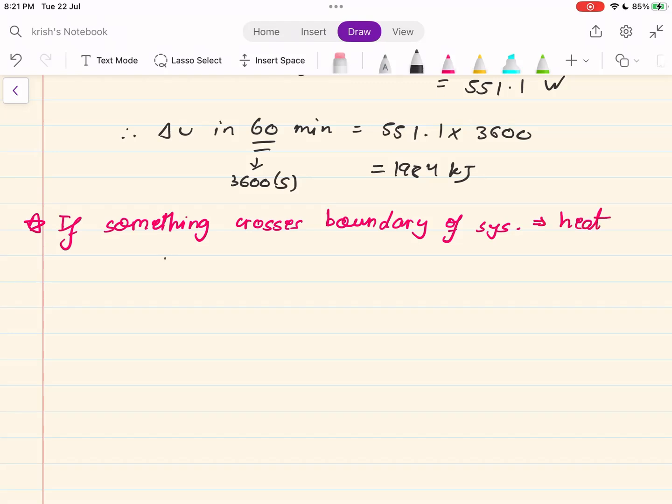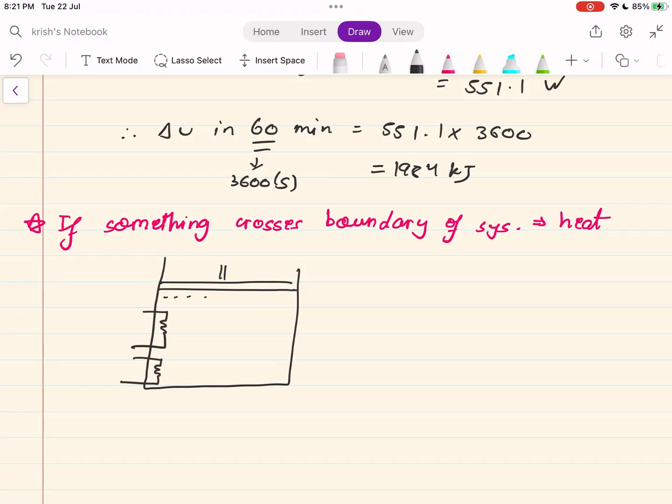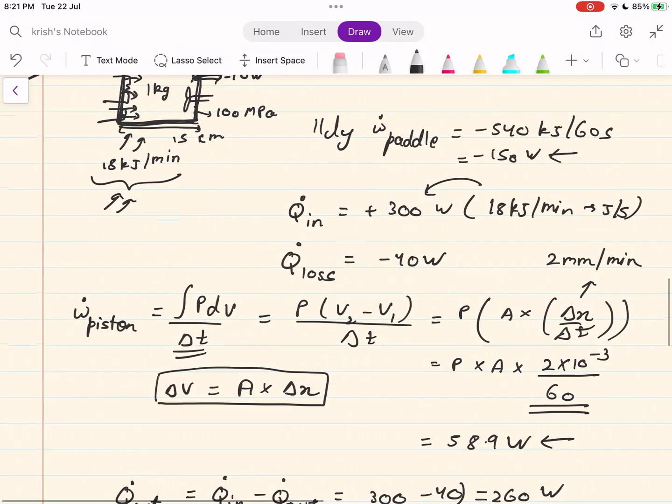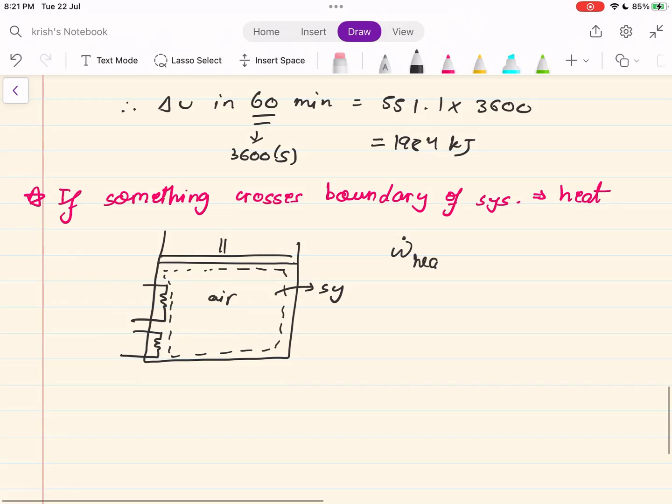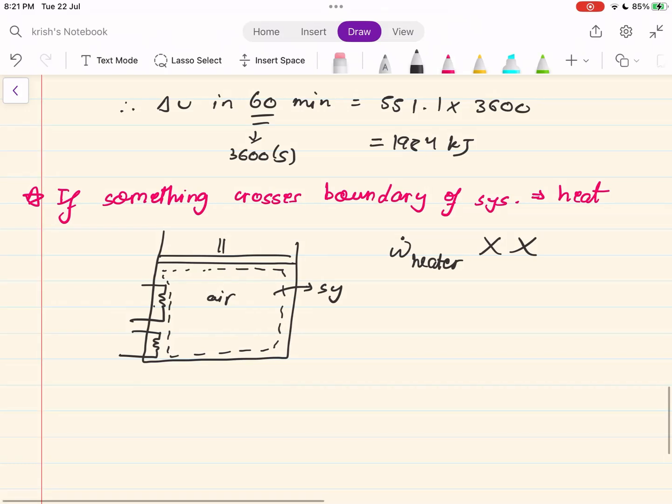So if we were to take the air inside the system, okay, let me just draw our heaters. The air inside the container as the system, then it would be incorrect to write work done by heater, because now this is not work done, it is heat, because the heater is providing heat through the boundary, right?